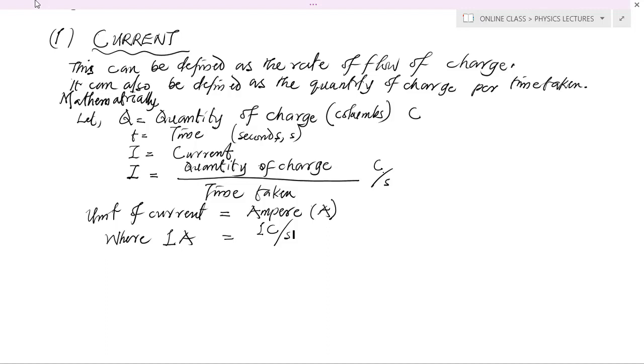There's a question here. Now, for example, we want to solve an example.